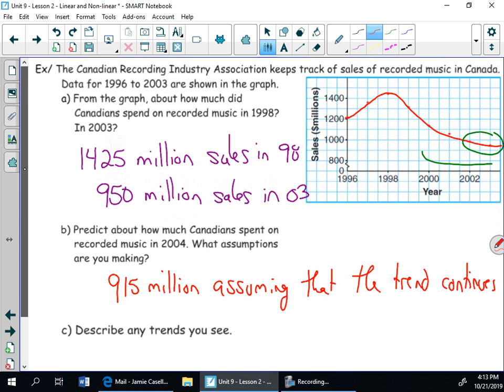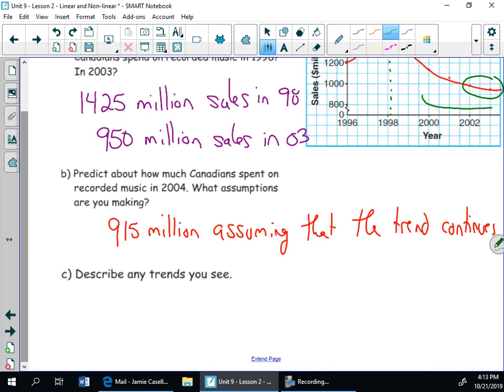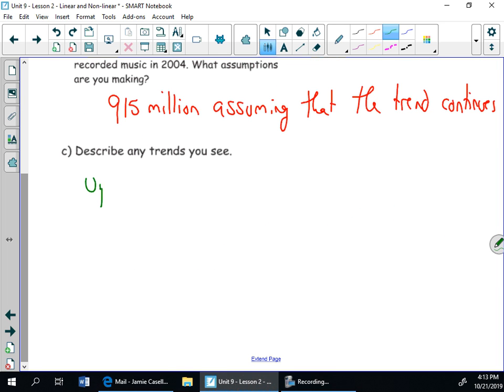Okay, describe any trends you see. I kind of see two trends in this one. I see a trend up until 1998, and then I see a trend after 1998. Up until 1998, sales are increasing.